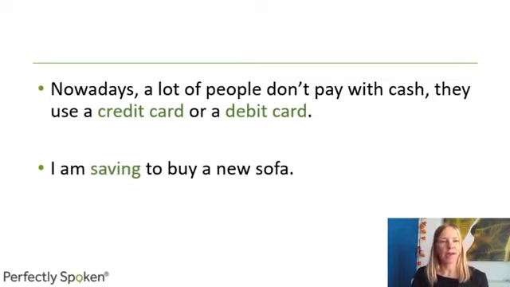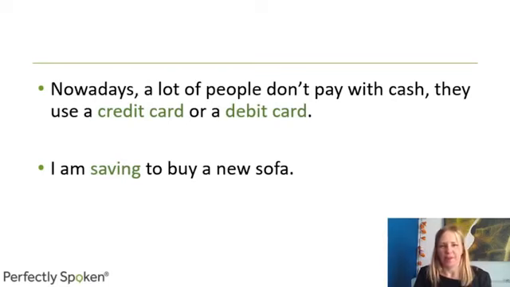Okay, and the next one, I am saving to buy a new sofa. Saving. Okay, so I'm putting €5 away every week until I have enough money for my new sofa. Yes, because now I have a red sofa and I don't like it. I want a grey sofa.